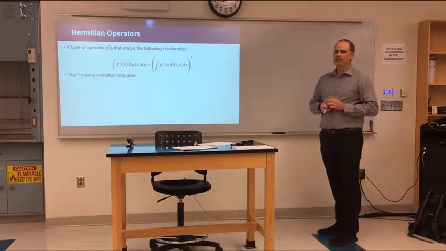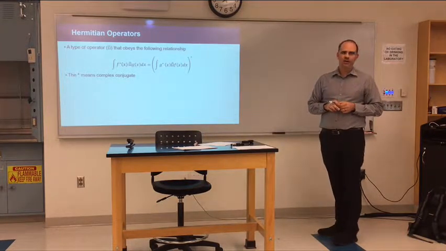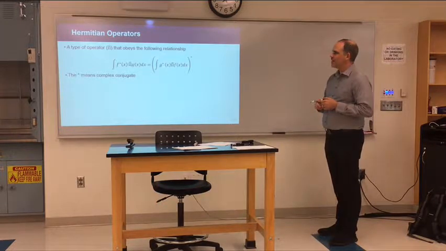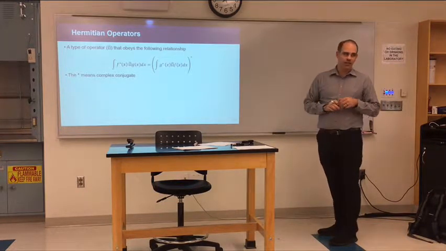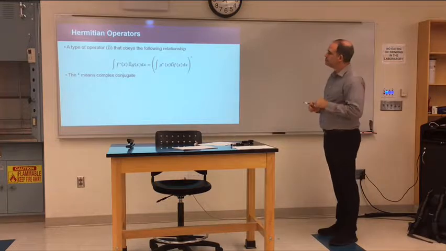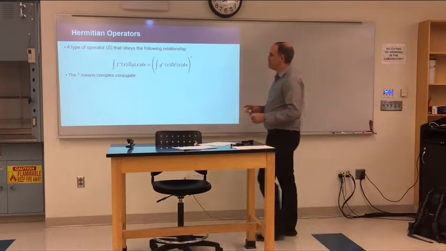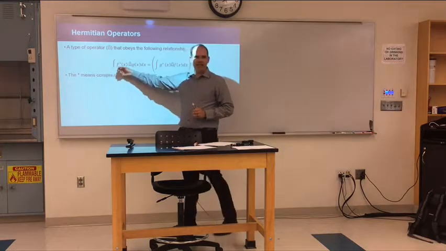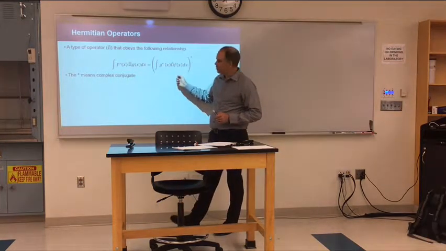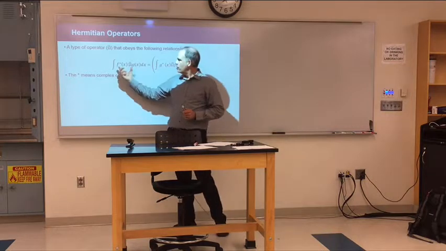Okay, when we're saying something is a Hermitian operator, that is one that follows a very specific relationship. So it's an operator that satisfies this relationship, right? So you have two functions.